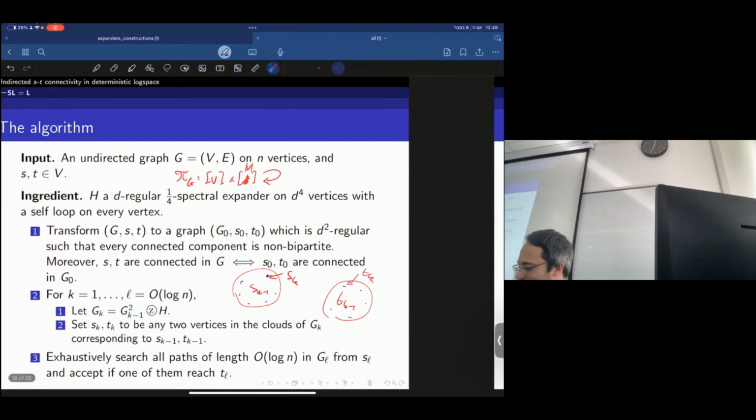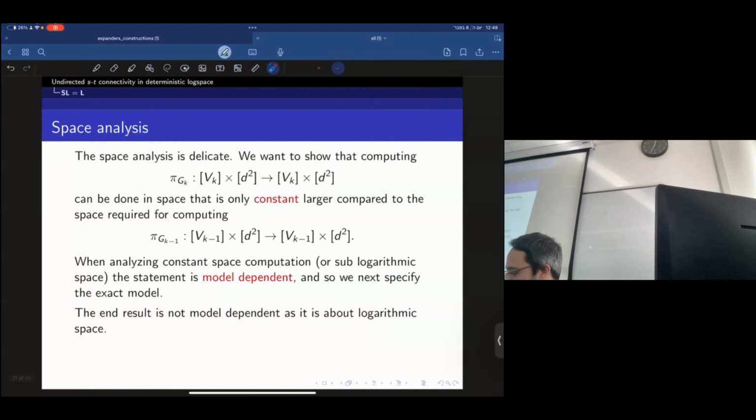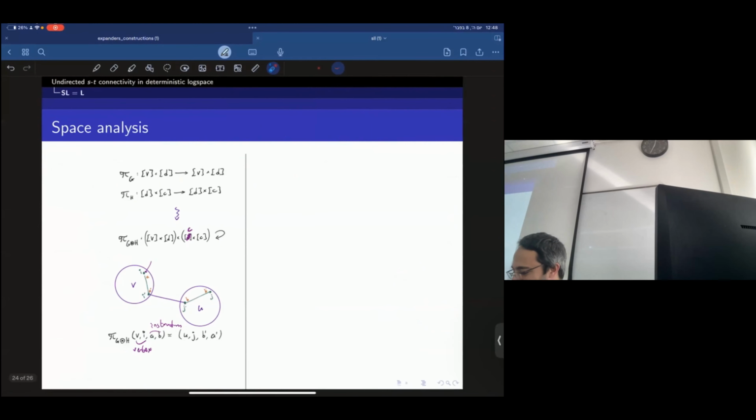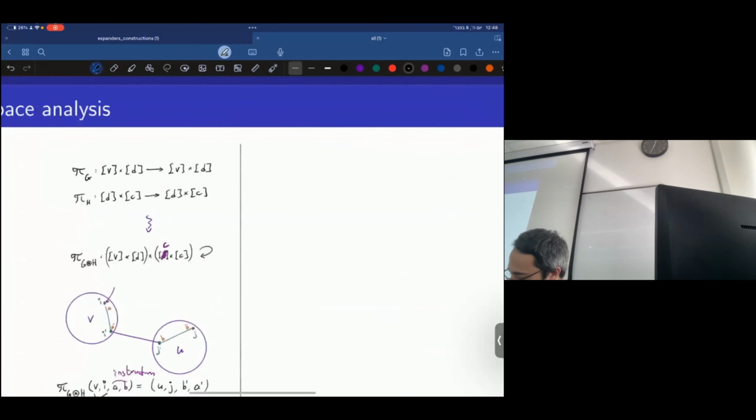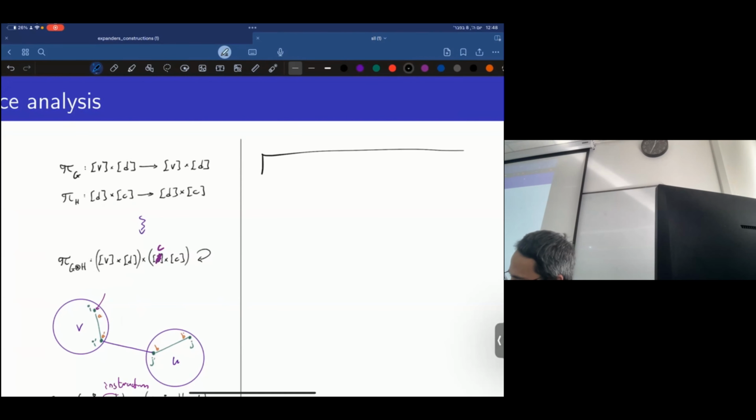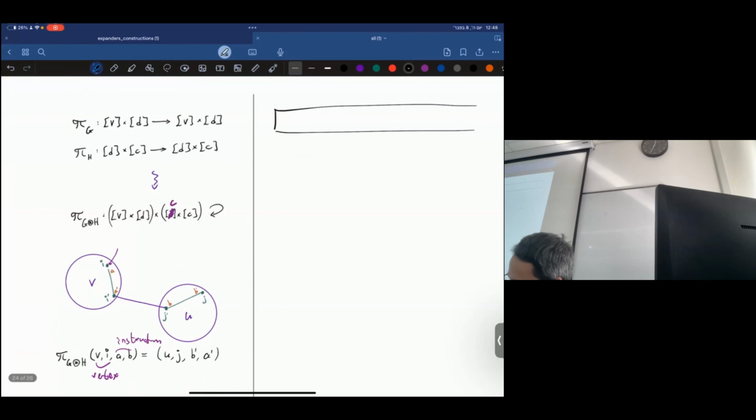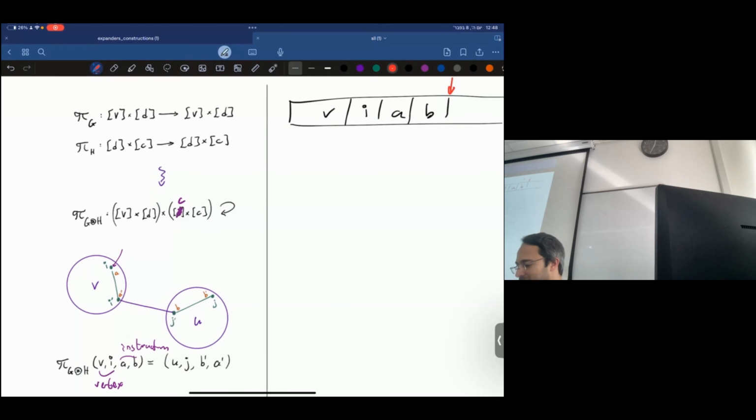Okay, that's a good point, but let's do that because now we're really out of time. So let's see what we have on the tape. It's kind of the same. You're given V and I, that's the vertex name, and A and B, and you put the head here, and then you start. So what do you want to do first?